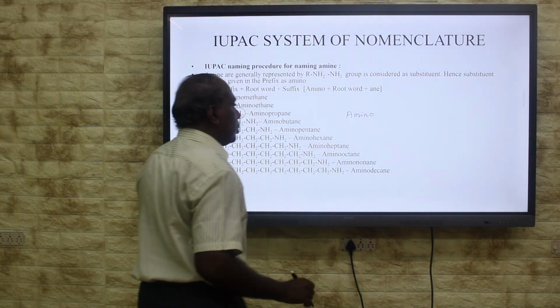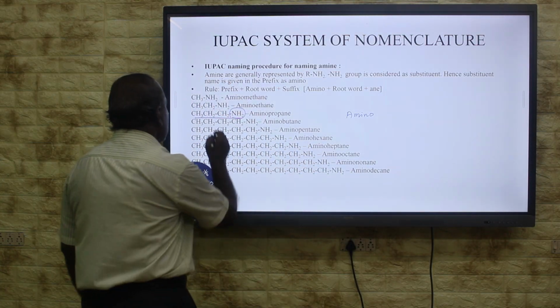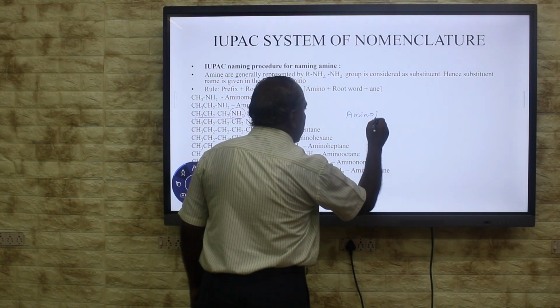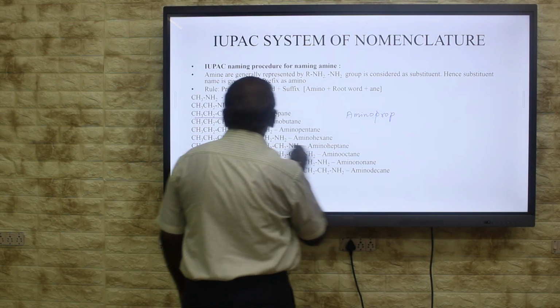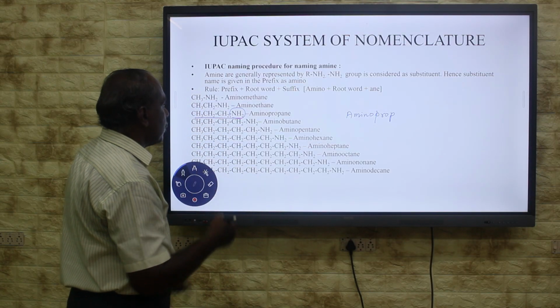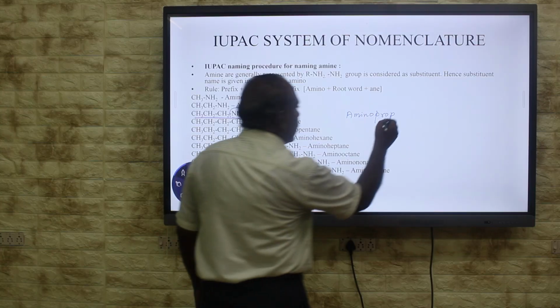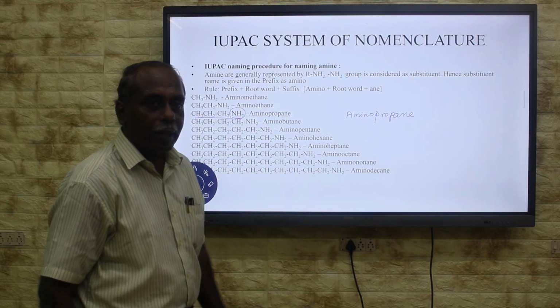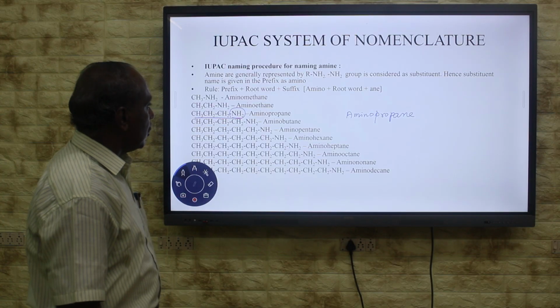The substituent name should end with O. Then you come to the root word: 1, 2, 3, prop. Then you see how the carbon atoms are connected. There may be a single bond. Aminopropane. That is the way of writing the name of this compound.